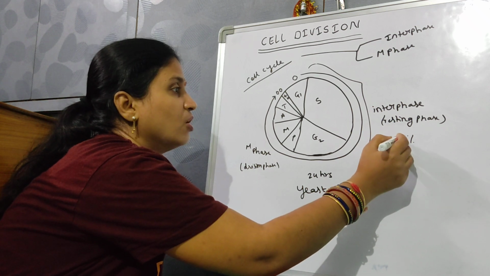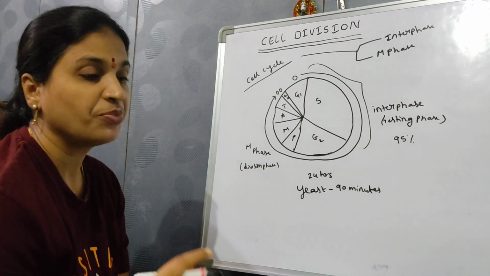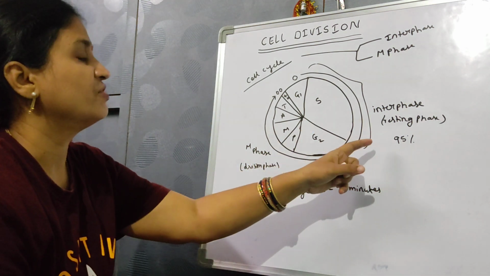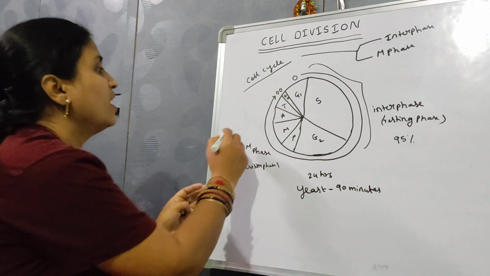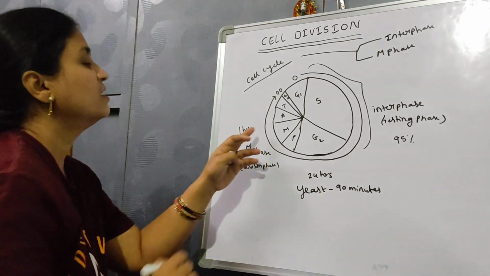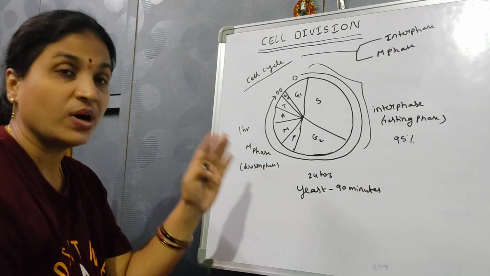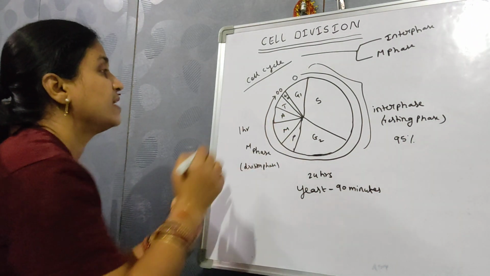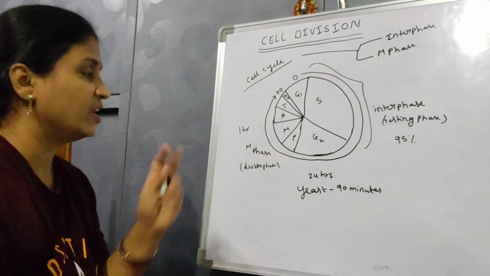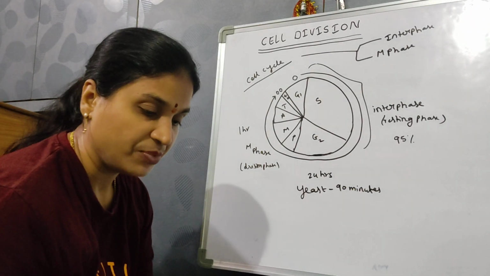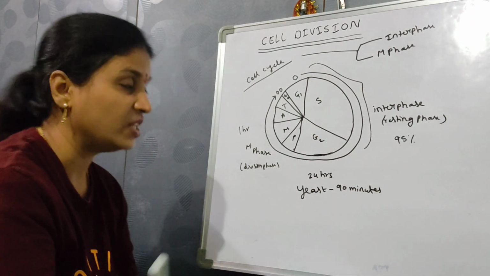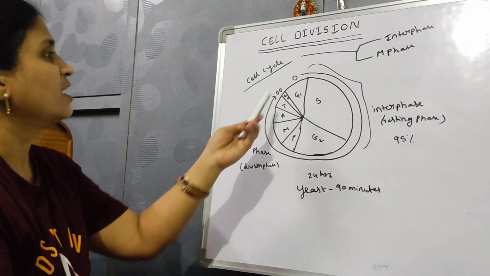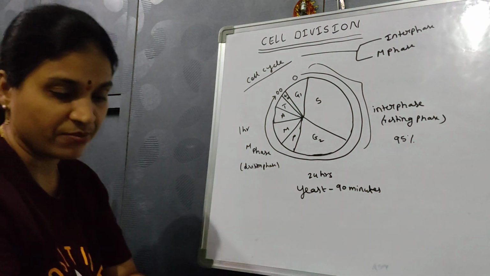About 95% of the cell cycle duration is interphase. The remaining 1 hour is taken by the cell to divide. So the interphase represents the phase between two successive mitosis phases or M phases.